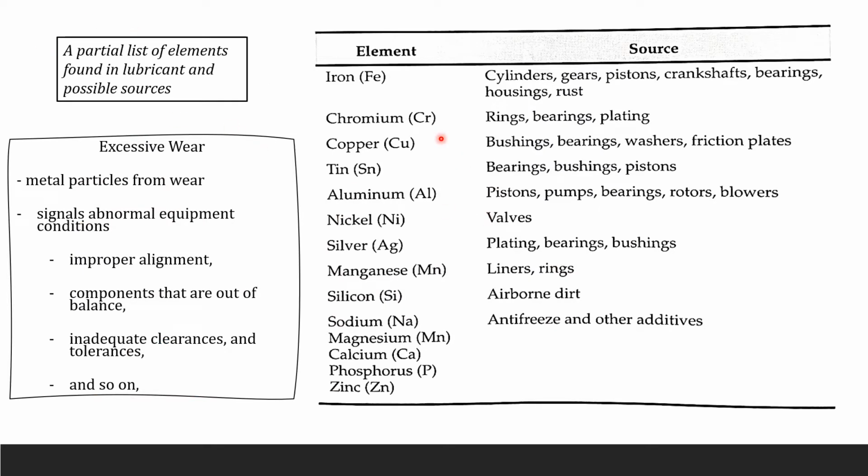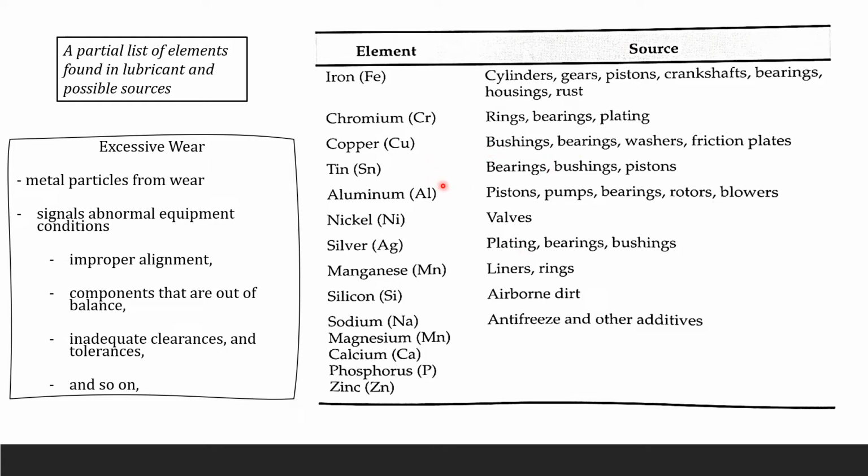Here is a partial list of elements found in lubricant and possible sources. Iron, you can find in cylinders, gears, pistons, crankshafts, bearings and housing, and rust. Chromium is an element from your periodic table, so if you remember your chemistry class from high school.